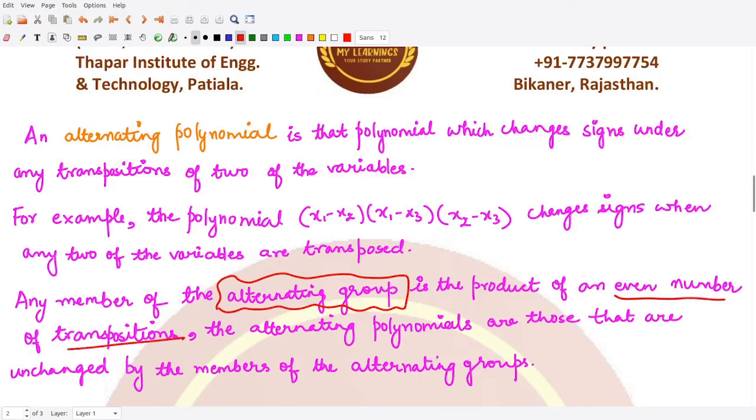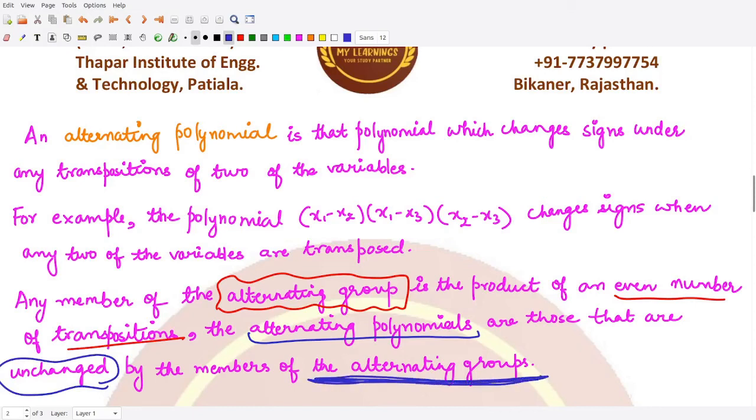So we may now define an alternating polynomial as one that is left unchanged by the members of the alternating group. When we apply the transpositions which are members of this alternating group, there is no effect on this alternating polynomial. That is why these groups have the name alternating group, correct?